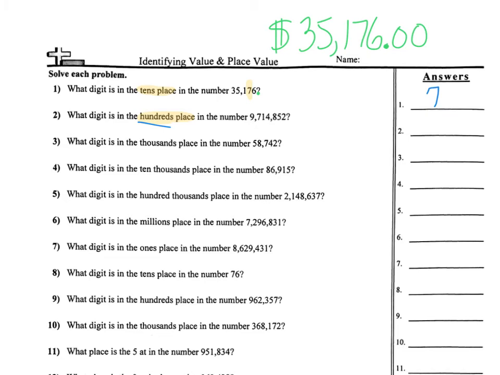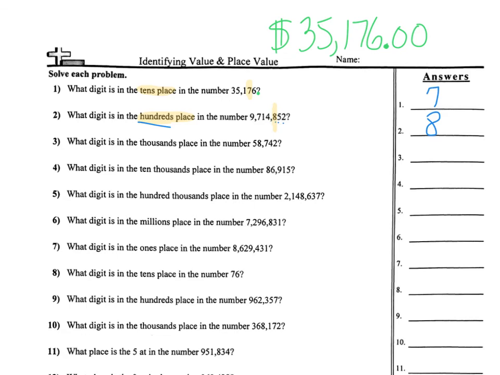Also, don't forget the last lesson had a nice chart at the top of the worksheet. Don't be afraid to use that chart and look for the hundreds place. I know the hundreds place is 3 numbers to the left. So the number 8 would be my answer, and we're going to write 8 on the answer line.